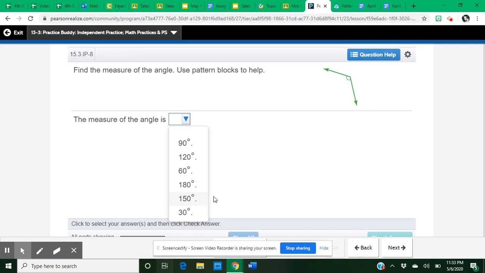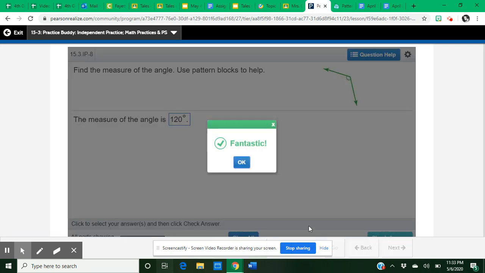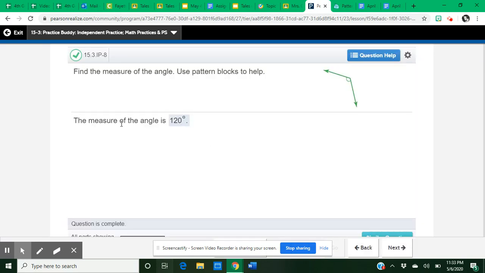Does this shape look like it's closer to a square or closer to a straight line? I agree. It looks like it's closer to a square. So that would mean you would want to get it closer to 90 than 180. So I'm going to pick 120. And we're right.